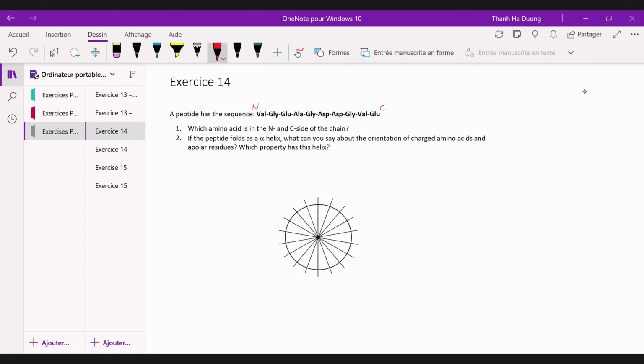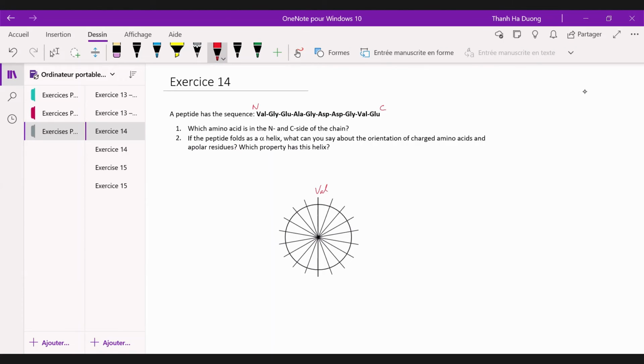Imagine this peptide folds as an alpha helix. What can you say about the orientation of the charged amino acids and the apolar residues? So you have a top view of a helix here. If I put the valine here, each angle is 20 degrees.